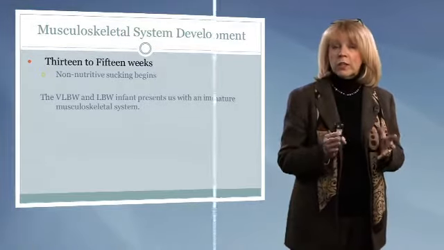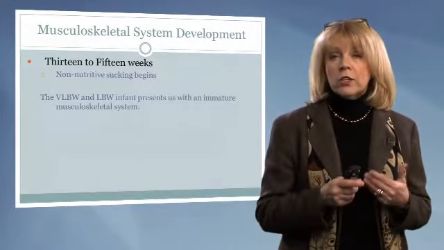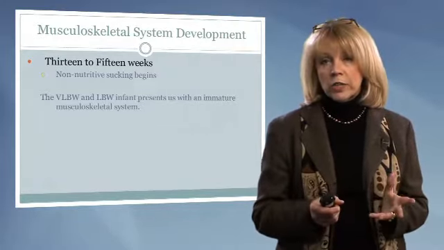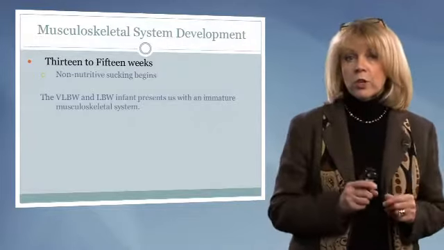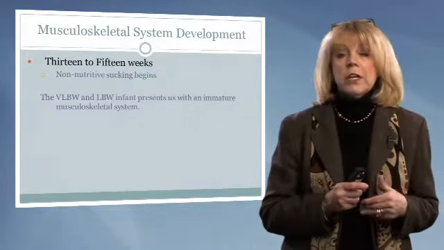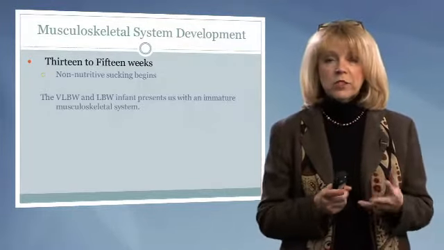So we have a direct impact on the outcomes of this infant and what we can do to enhance the musculoskeletal system. We could have talked about this system for as long as 6 or 8 hours, but I do hope this challenges you to go back and take a look at that anatomy and physiology book.